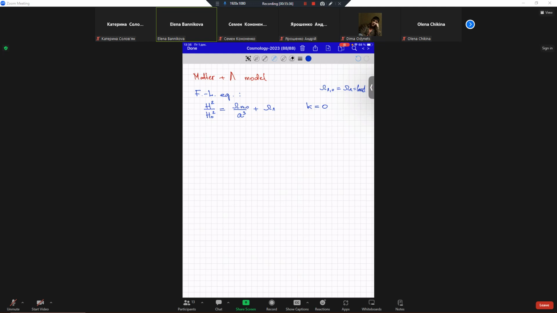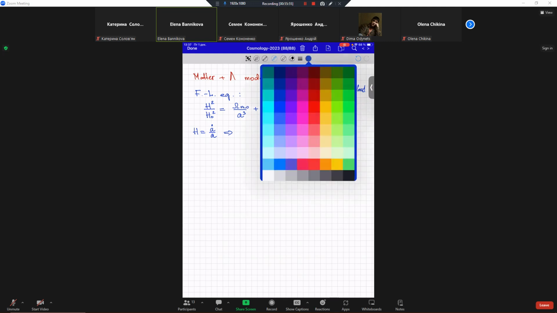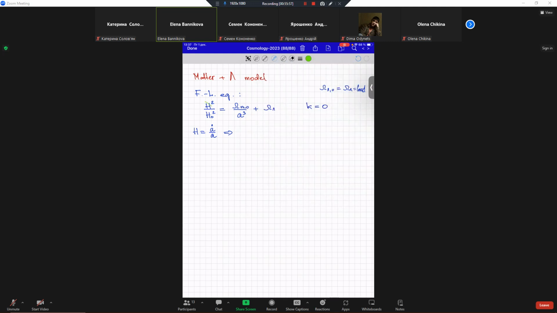In this case, since we remember that H equals a point divided by a, we can write that instead of this one, I put a point squared divided by a squared.